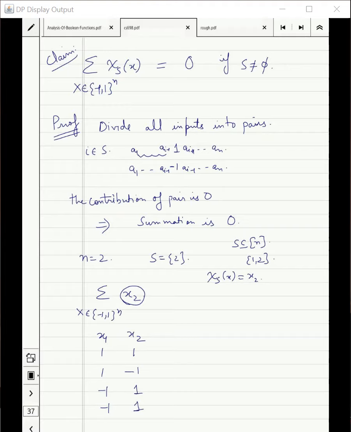Okay, let's do this. So this is x1, x2. What is your favorite variable, 1 or 2? Let's say 2 for now. Okay. I have 8 inputs.